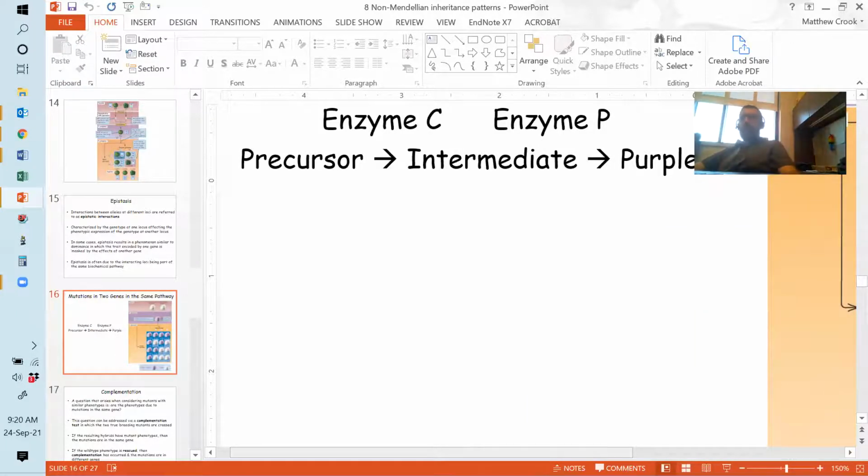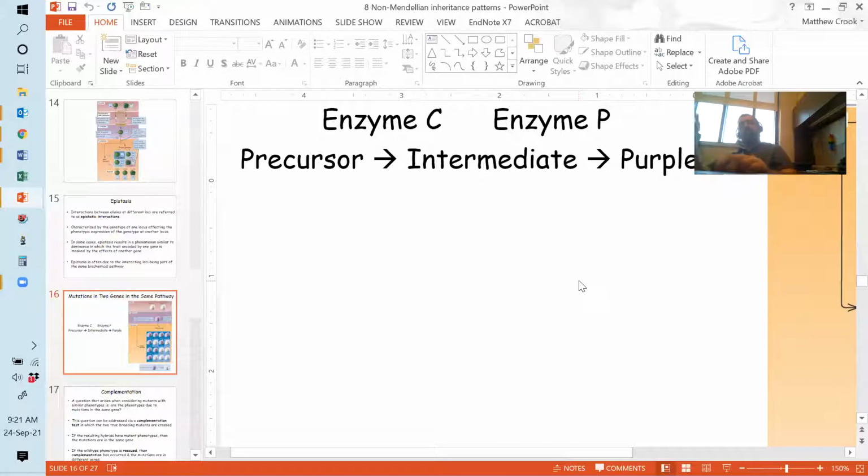And in worms, it gives them more vulvas than they need, which is kind of weird. But anyway, you can figure out whether or not genes are in the same pathway and whether or not they interact epistatically using this kind of technique.